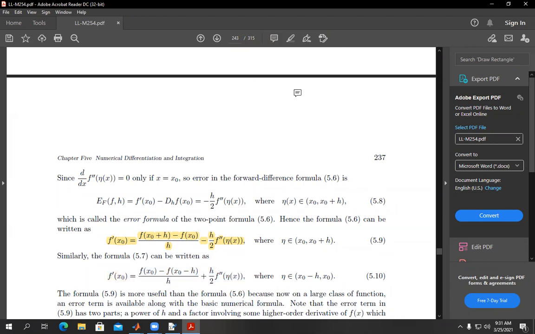But if in an exam the teacher gives you this table, for example, minus 0.5, 0, 0.6, and 1, the question is: find the derivative of the function at 0 by using the best 2-point formula. Which one will you use, please?